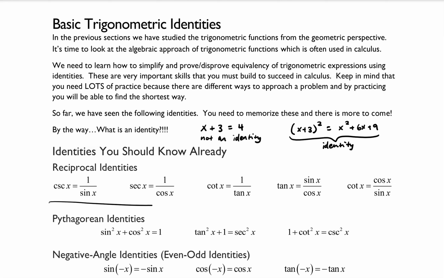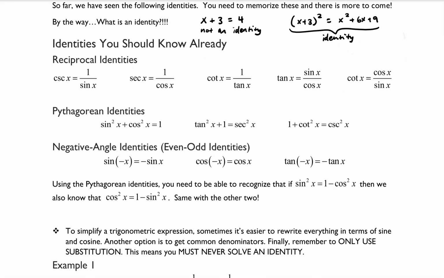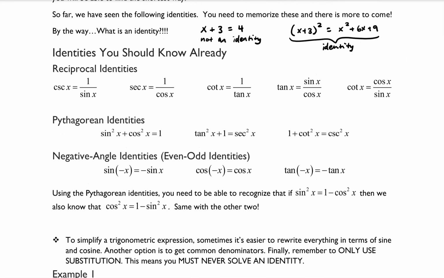So we have our reciprocal identities here that we've worked with a lot this quarter. We also have our Pythagorean identities, and then these last set of identities we haven't talked about so much, but sine is what we refer to as an odd function because it has the property such that when you take sine of negative x, it is equal to negative sine of x.